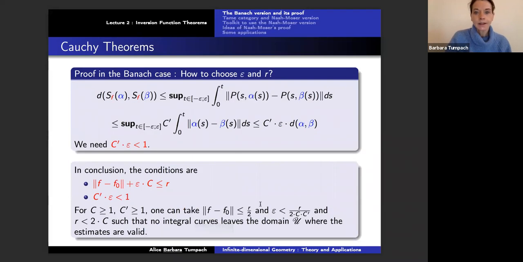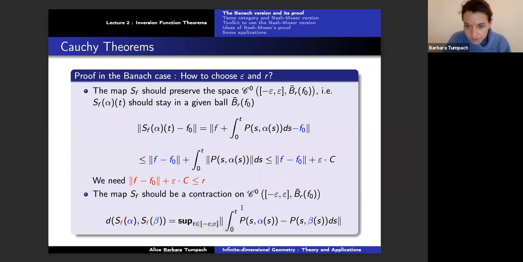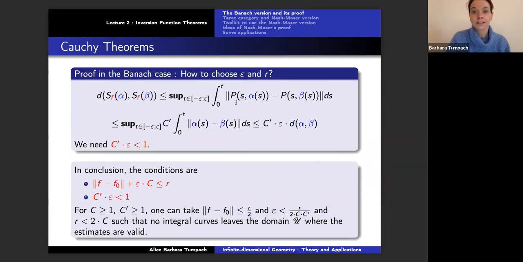So here, what will play the role is the second estimate on the vector field. We know that the vector field is Lipschitz. So first we put the norm inside the integral, okay?